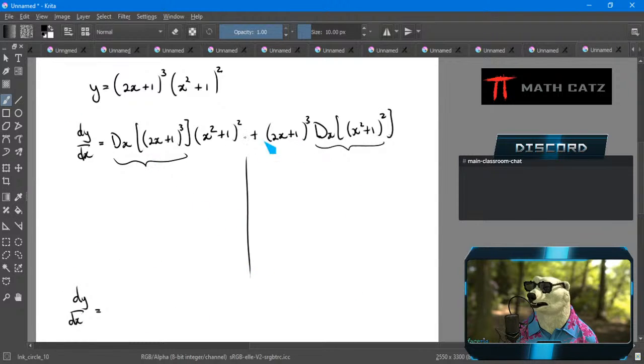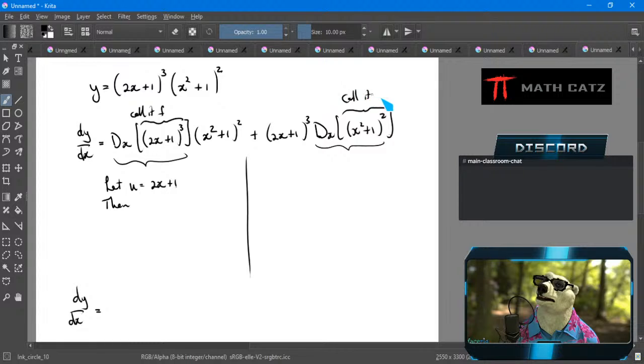So now I have two small chain rule questions. Now you might still need to define an inside function. Let's call it u, the obvious 2x plus 1. Then I'm just going to call it f. Oh, I said f, but I didn't write f. Let's call it f. And we'll call this one later g. I can't call them y. Y is this original function.